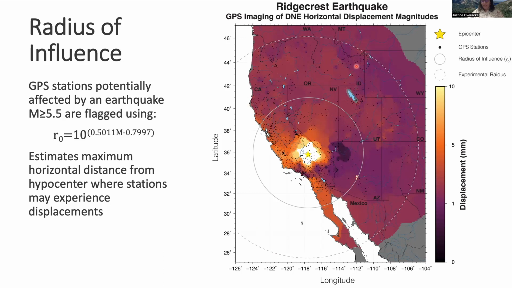Now, where there are stations to constrain the GPS imaging result, the radius of influence captures these yellow-orange colors where coseismic displacement is the greatest. And this image was made by inputting horizontal displacement magnitudes instead of vertical velocities.